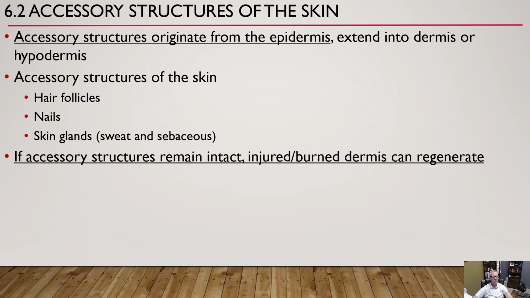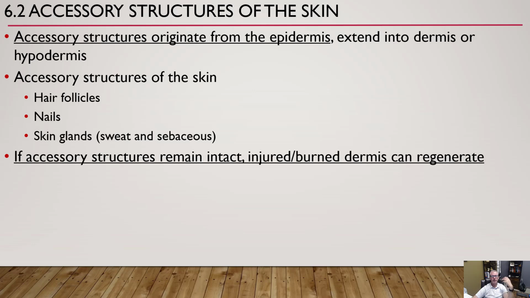All right, some accessory structures. Accessory structures originate from the epidermis. However, they extend into the dermis or the hypodermis. So your hair follicles, nails, and sweat glands all originate from the epidermis but extend into the dermis.